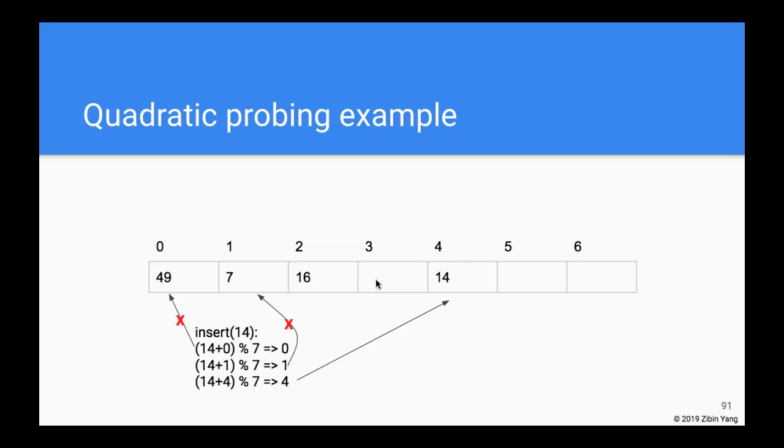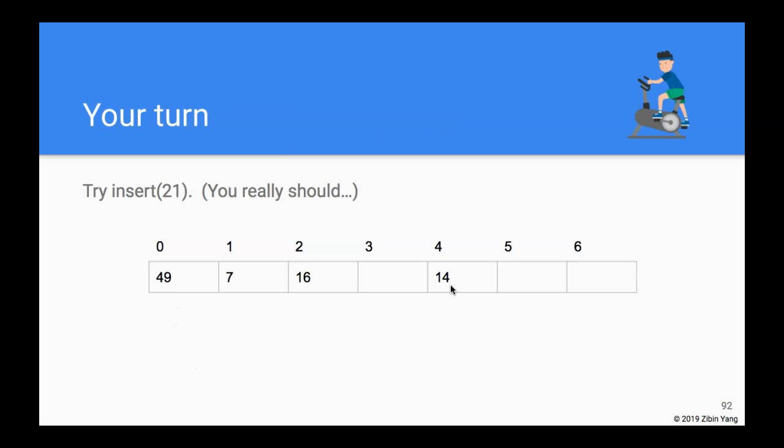If you remember from linear probing, we actually ended up somewhere other than position 4. That's how it works. Now it's your turn to try to insert the number 21 and see what happens. I promise this is going to be a fun one, so you really want to try it.